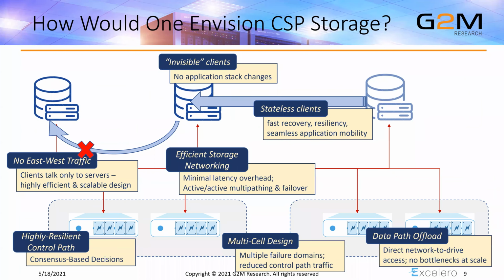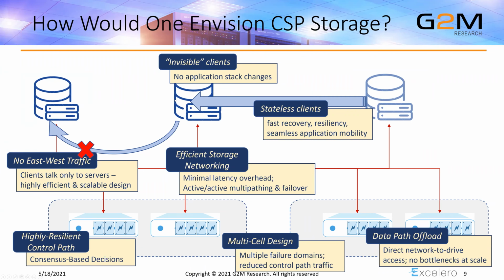Next slide. Okay, so if we were building a CSP storage, what would it look like? Without any particular order, we can start with the client side, the application-facing part of the solution. It better be as invisible as possible to be able to work with as many application stacks as possible.